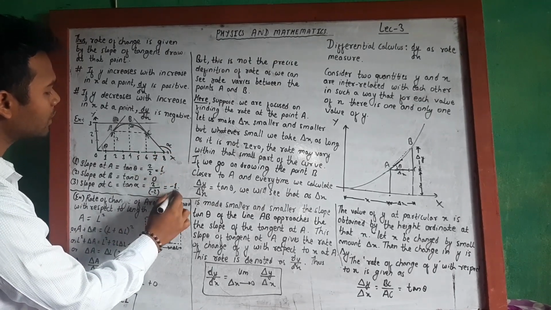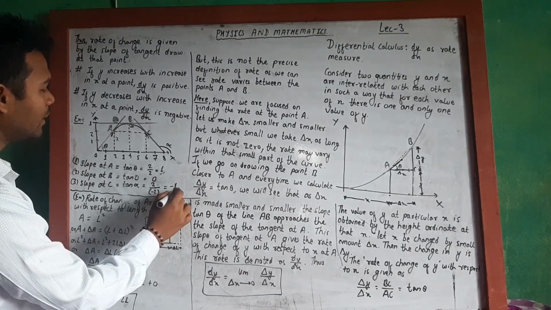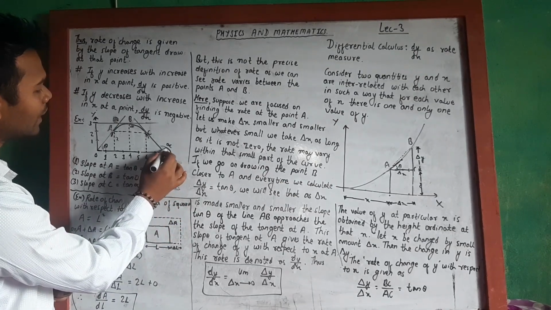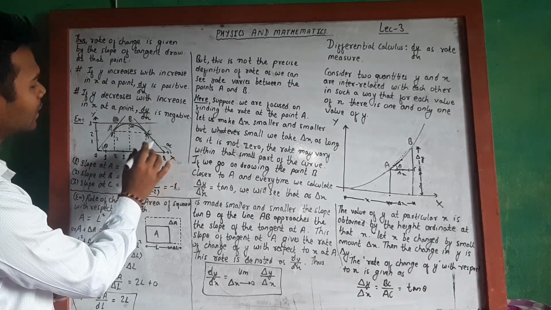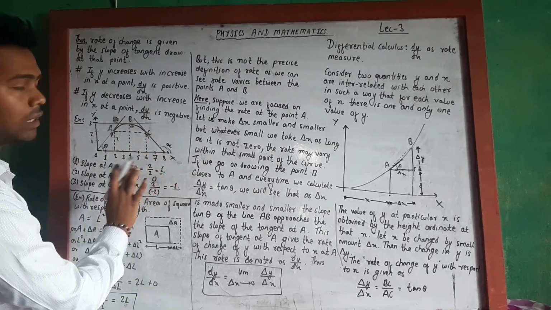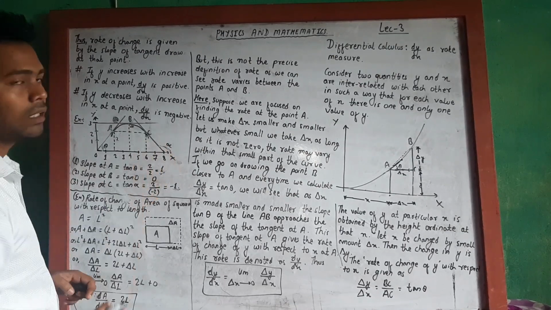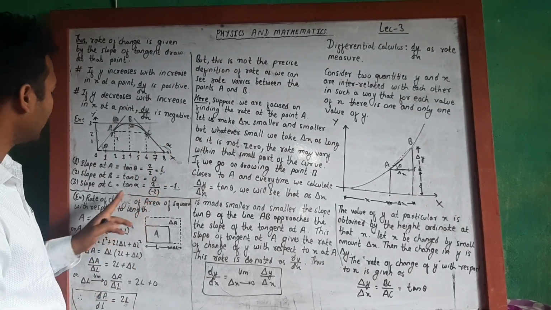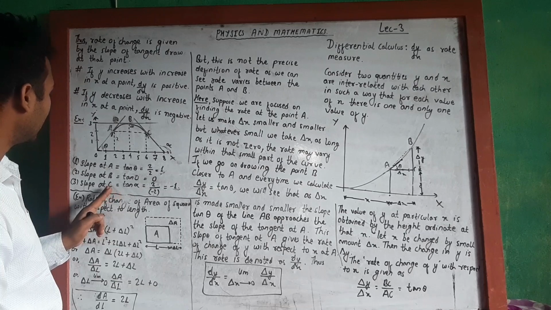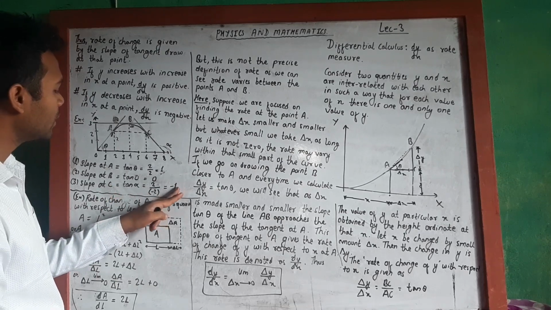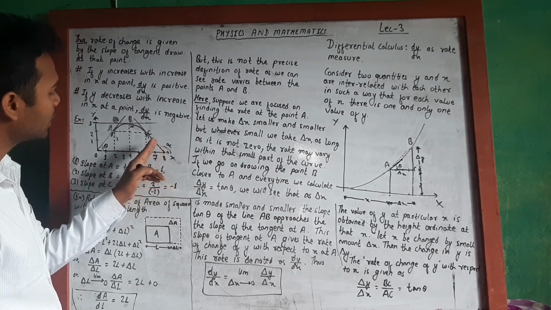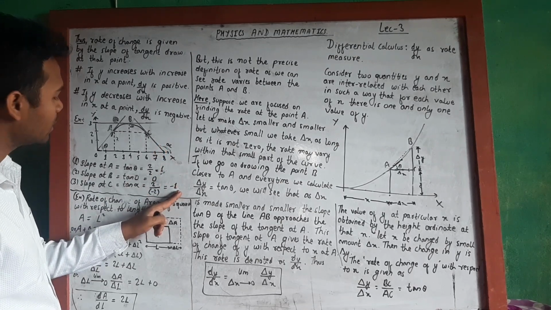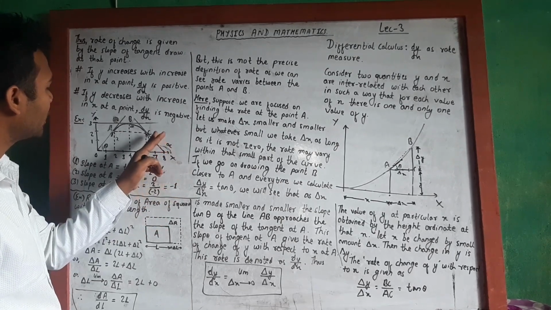That's why the slope is -1, and this slope is calculated as tan alpha. This alpha is the angle made by this tangent with the x-axis, and that's why the slope at C is -1. Hence the rate of change of y with respect to x is -1 at the point C.